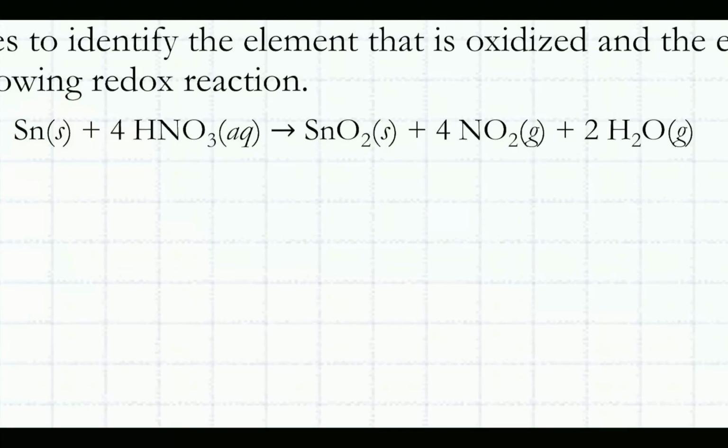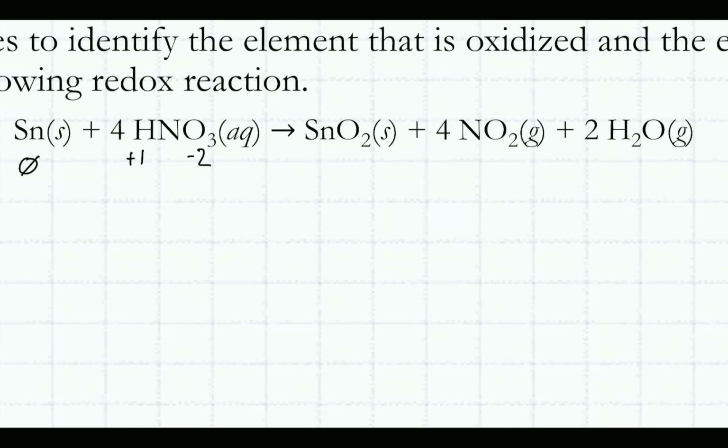So let's write these underneath. So tin's oxidation state is 0. And what about nitric acid? Which oxidation states get assigned first? Hydrogen, it's +1. Then oxygen would be -2.